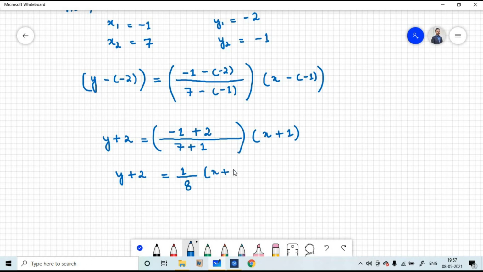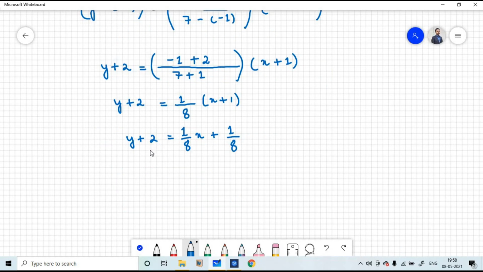So y plus 2 equals 1 by 8 times x plus 1, which gives y plus 2 equals 1 by 8 x plus 1 by 8.